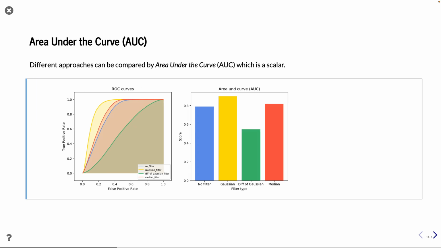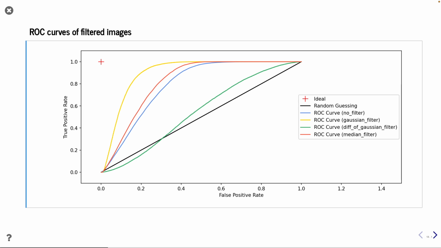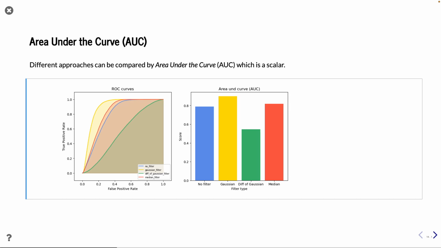But these curves are not easy to just put in a table and see which one is performing the best. So what is often done, and also used in machine learning algorithms, is to compute the area under the ROC curve, and then we get a scalar instead, and that's much easier for comparing the performance.